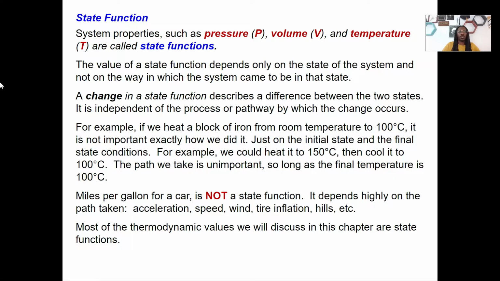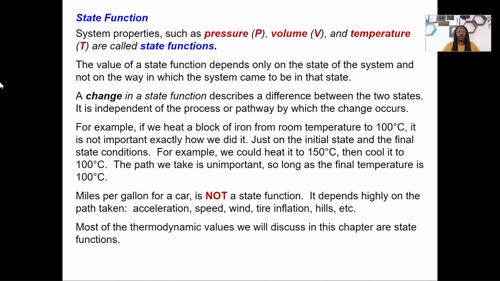State functions are basically system properties, right? Just as, once again, this is a review before we get there, such as pressure, volume, temperature. These things are state functions, okay? So essentially, a state function depends only on the state of the system, and not on the way in which the system came to be in that state.